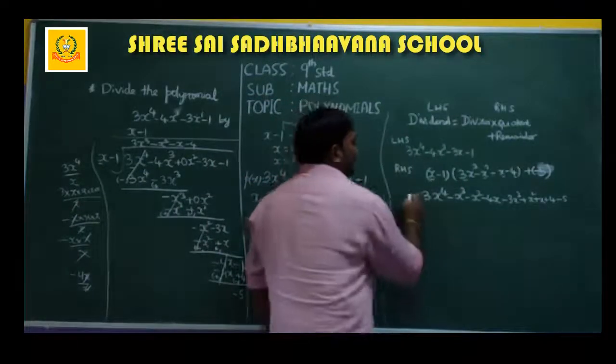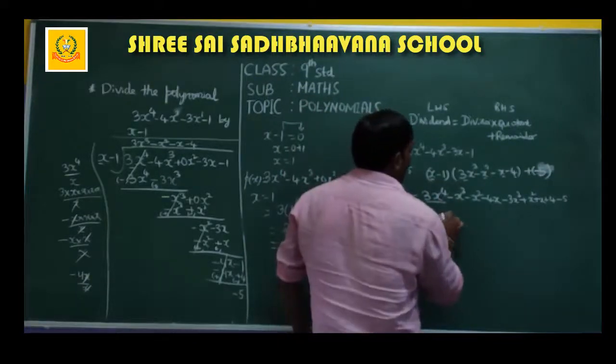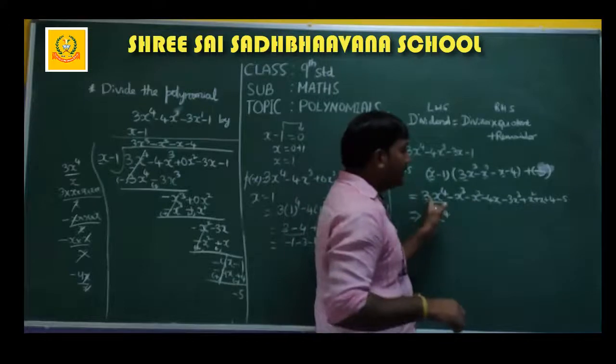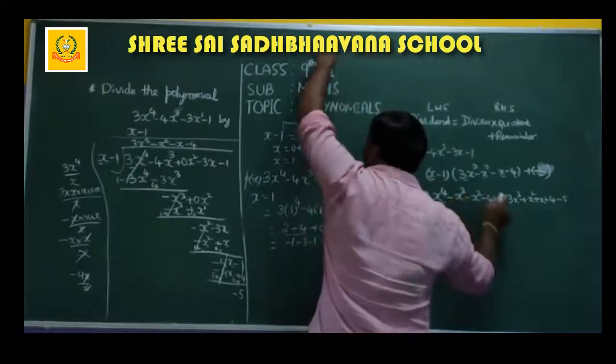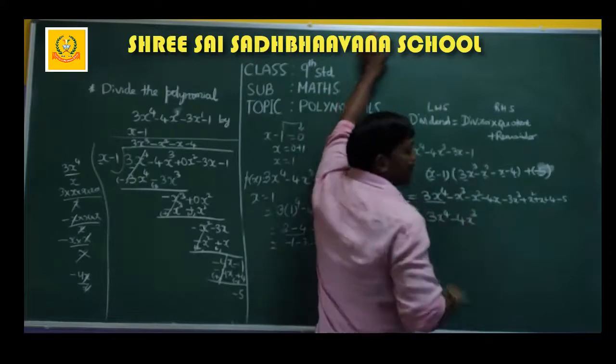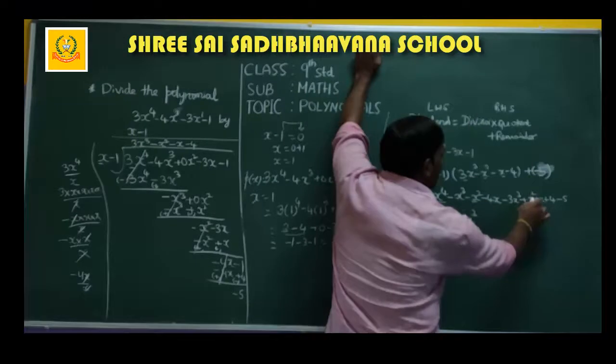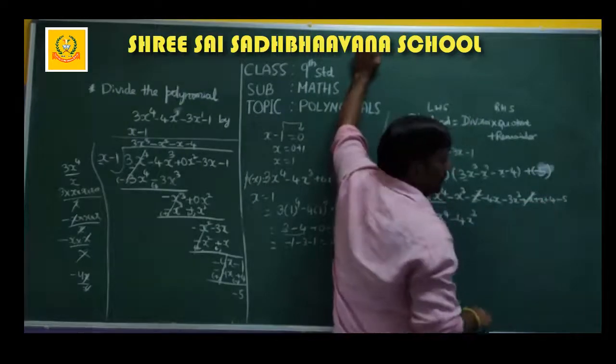So now solve it. We have like terms, you see, 3x power 4 we have only one term, so retain as it is. Minus x cube minus 3x cube gives you minus 4x cube. Now minus x square plus x square, can we cancel?